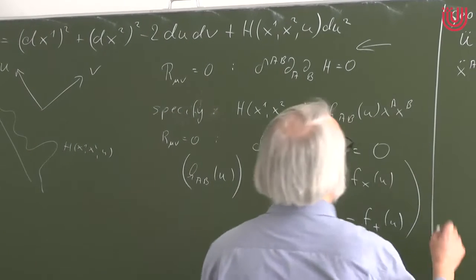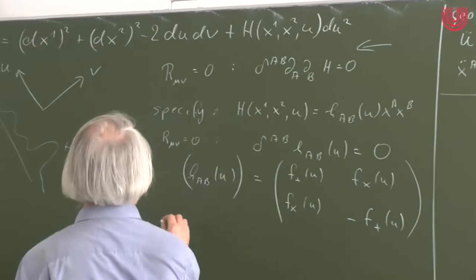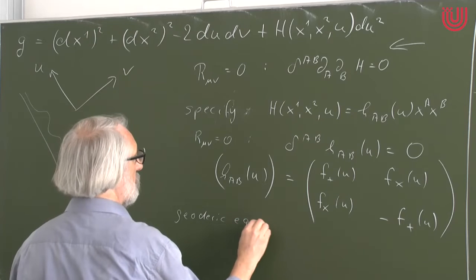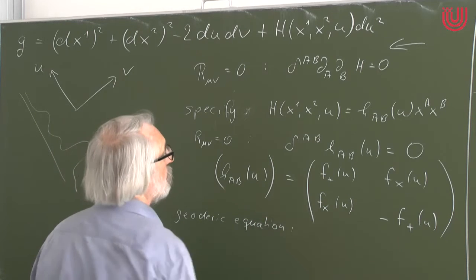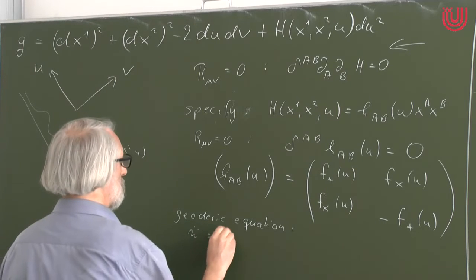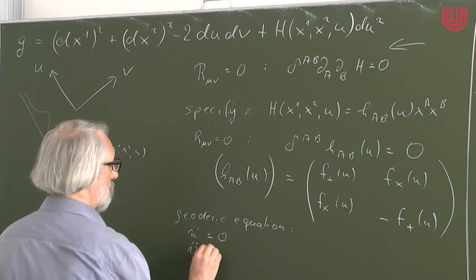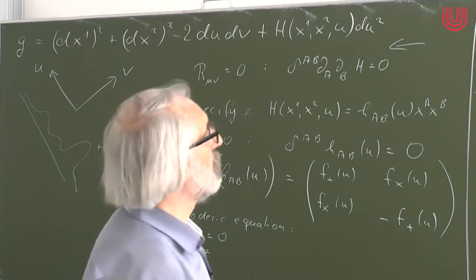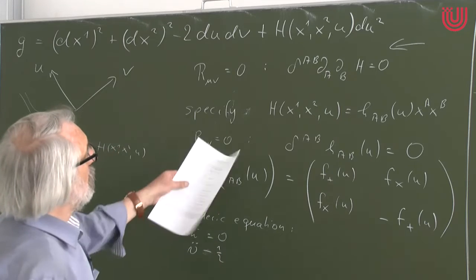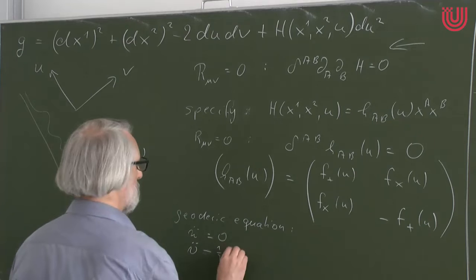Okay, so this was the general form, and now I continue here. Geodesic equation with a special ansatz. Of course, the first equation, nothing changes. It is still u double dot is equal to 0. The second one becomes v double dot is minus 1/2 times the u derivative of h. This is H_AB prime, right?